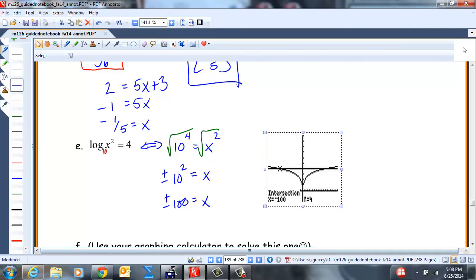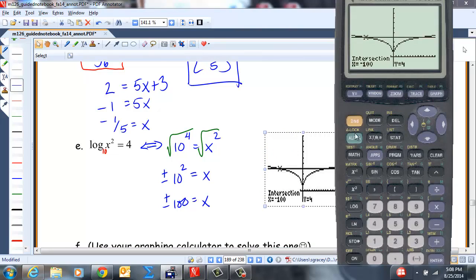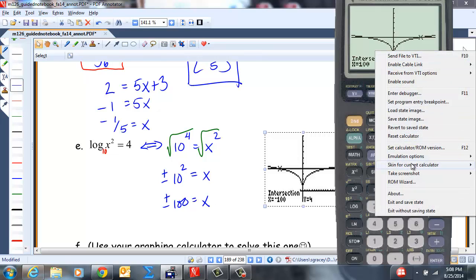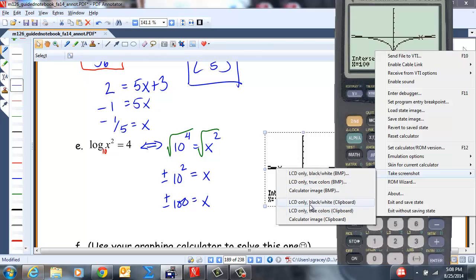And then the positive side will be, let's see if I can do it without going again. Now, let me do a second calculate, intersect. So we need to go closer to the other intersection point. That should be good. Here we have it, plus or minus 100. They both work.